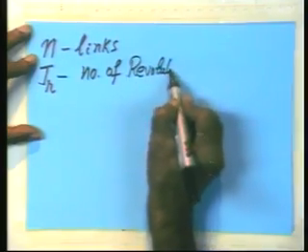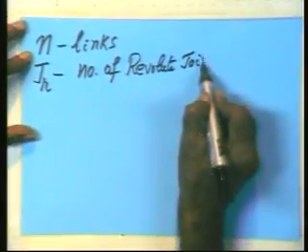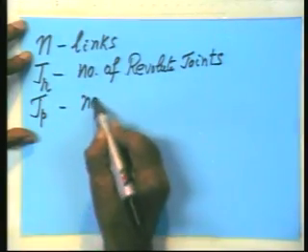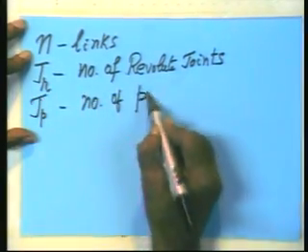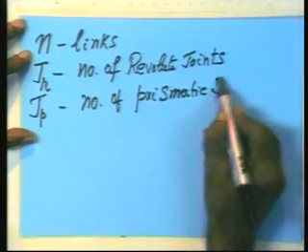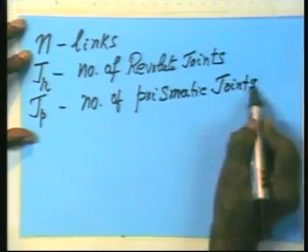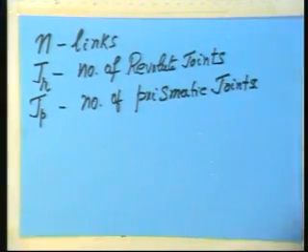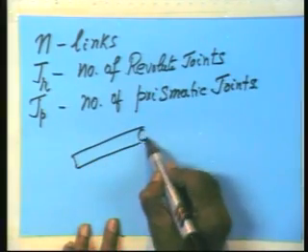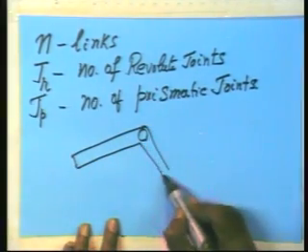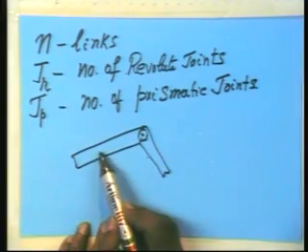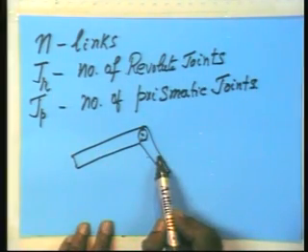Revolute joints, then Jp is the number of prismatic joints. When you connect 2 links through a revolute pair or a revolute joint, how many degrees of freedom does this link possess with respect to this? 1.